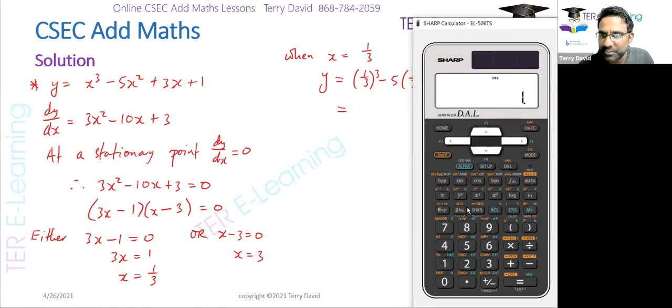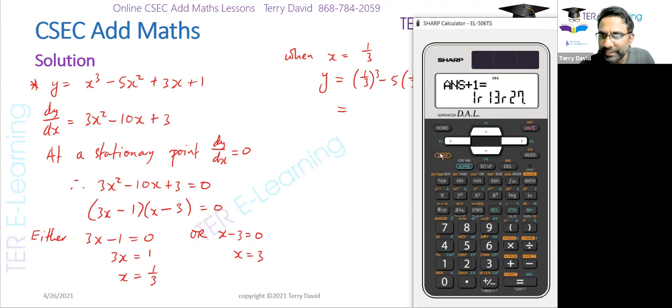The first one is 1/3 cubed, minus, open brackets, 5 multiplied by 1/3 squared, close brackets, equals, plus 3 multiplied by 1/3, and we're going to add 1 to that, right?